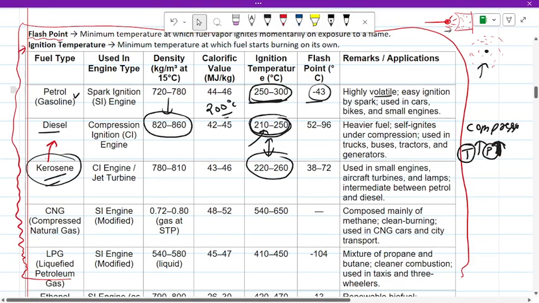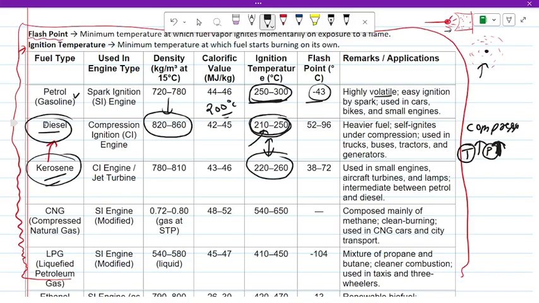If we ask which engine will have more compression, it is the diesel. That is why it is known as the compression ignition engine. And the petrol engine is not meant for compressing the air plus fuel as much as the diesel, because it uses spark ignition, simple sparking.